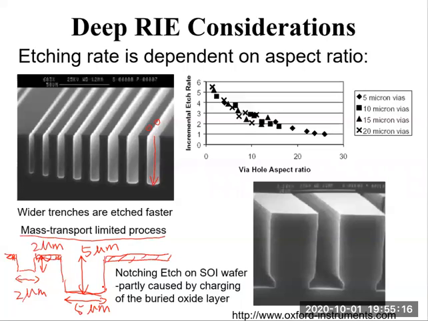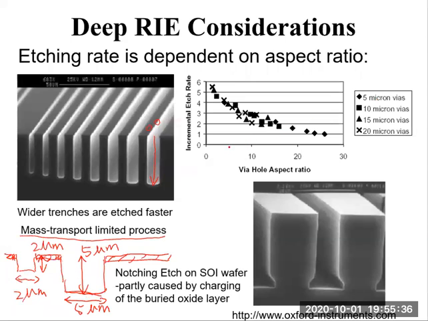Both will have the same aspect ratio, so both will have the same etching rate. Very good. Yes, about the same. So these two vias or trenches will have similar etch rates, because they have the same aspect ratio.